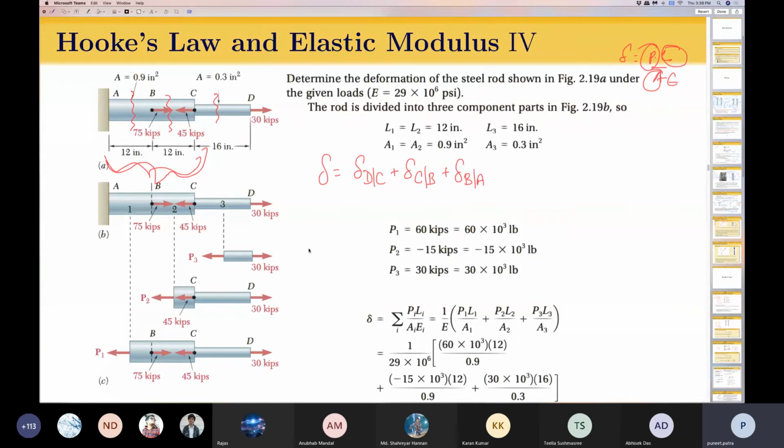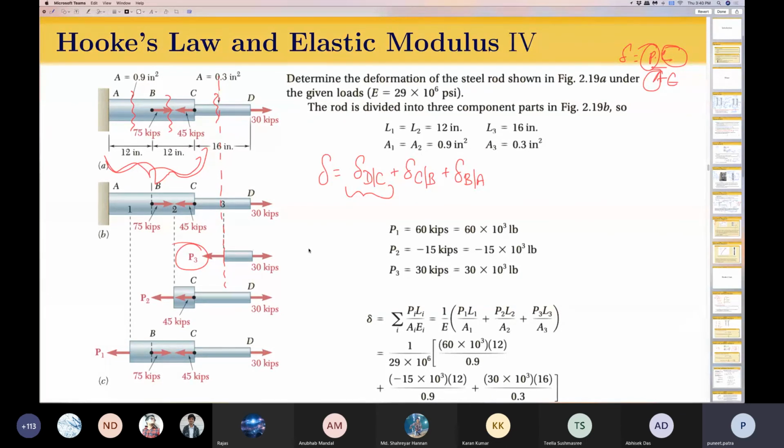This is the total deflection of D. Now, how do you compute the relative displacement of D with respect to C? In order to do that, we find out the force that is going to occur in the cross section between C and D. So the axial force which is going to occur in this cross section can be found easily from the free body diagram.